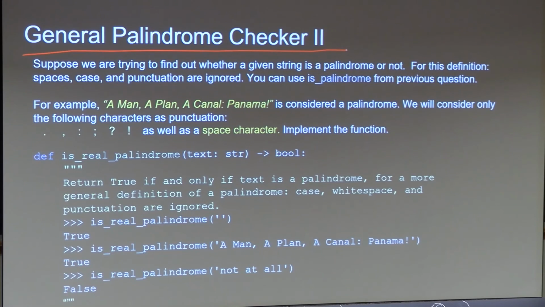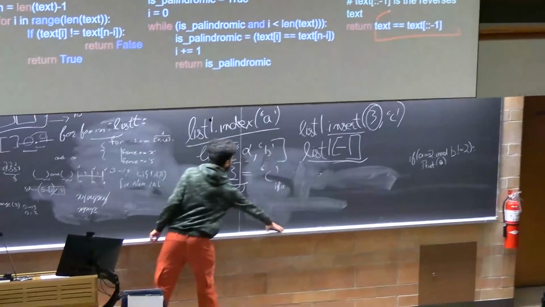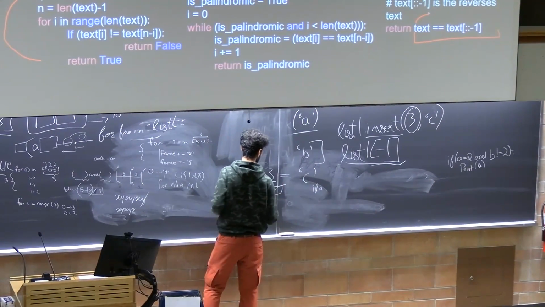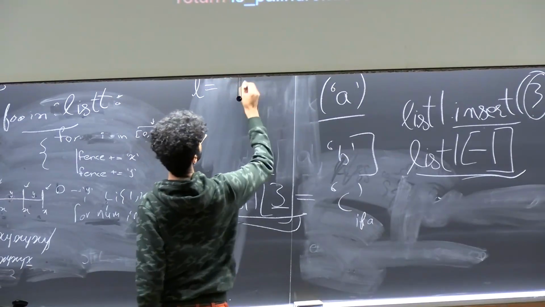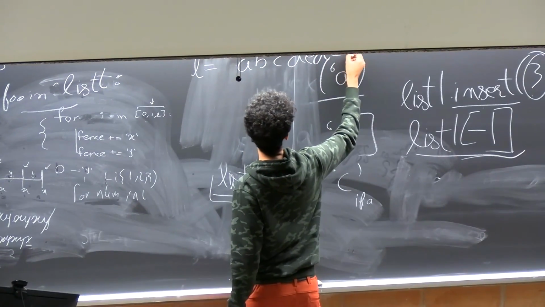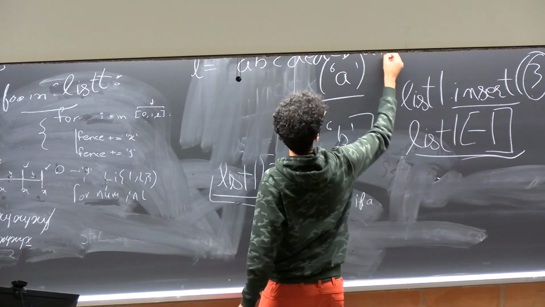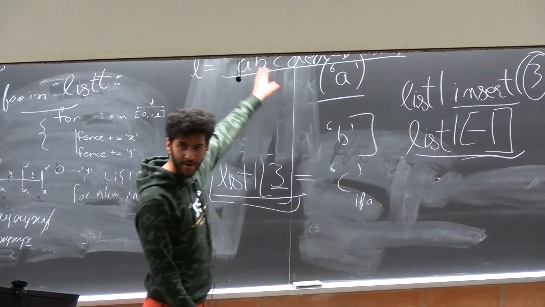What was the problem with the really short one where you just reverse the order? The problem here is, what if I'm given something like L is equal to A, B, C, D, E, D, C, B, A, and M? Is this a palindrome?